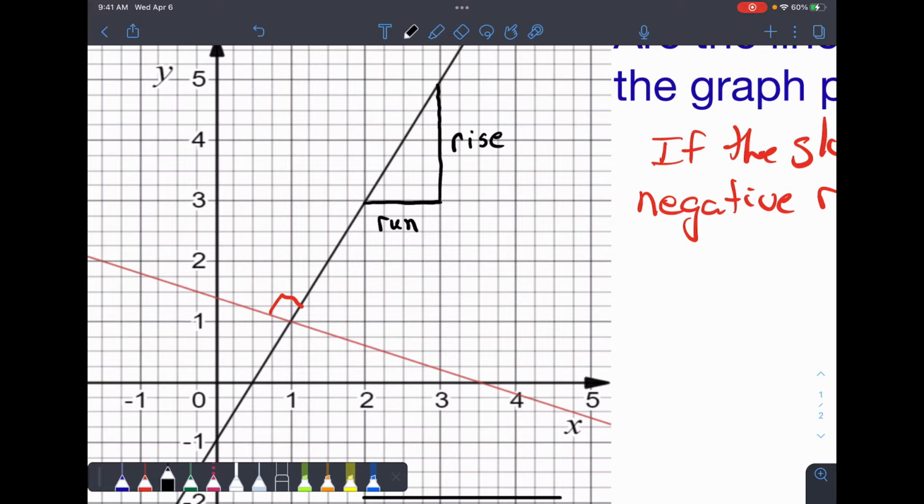To find the rise, we go up from this point to this point, up 2 steps. Okay, so the rise here, we go from 3 to 5, so the rise is equal to 2. And the run is equal to 1 because we go only 1 step. We go from 2 to 3. So the run here is equal to 1.